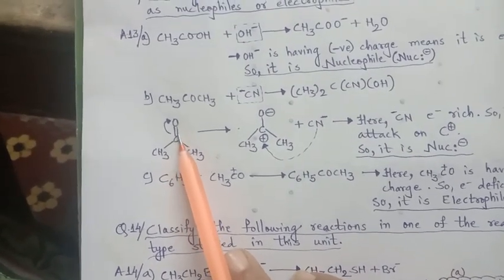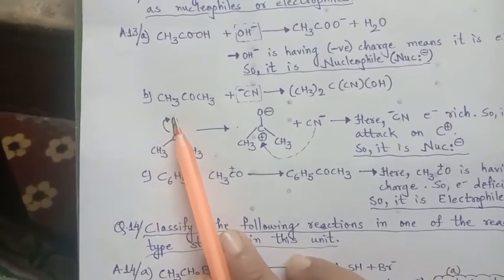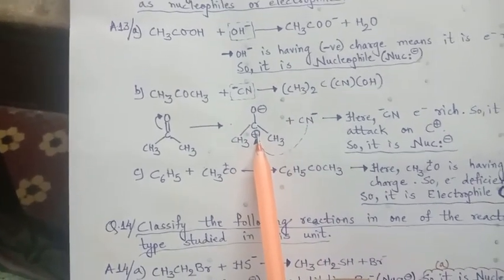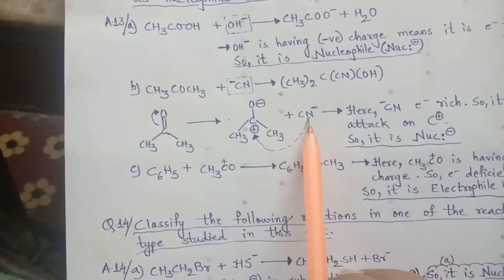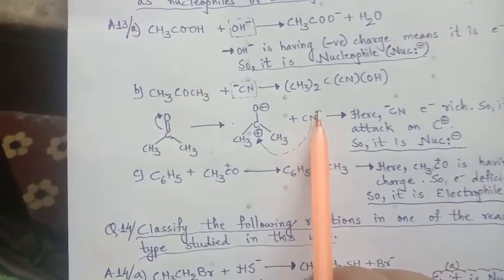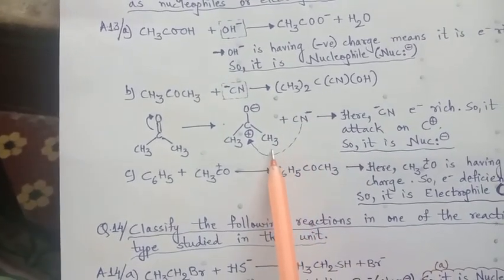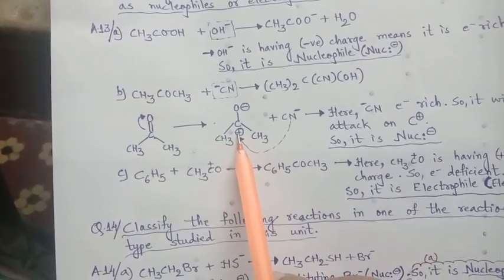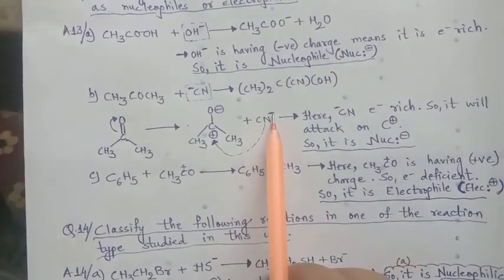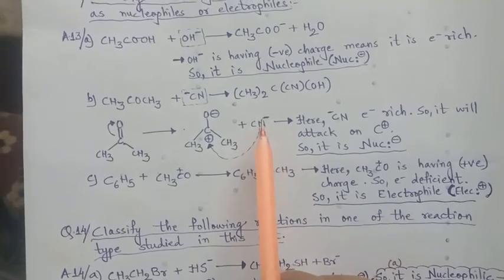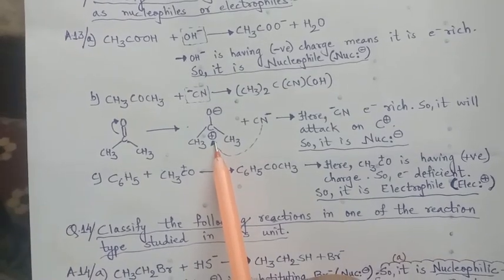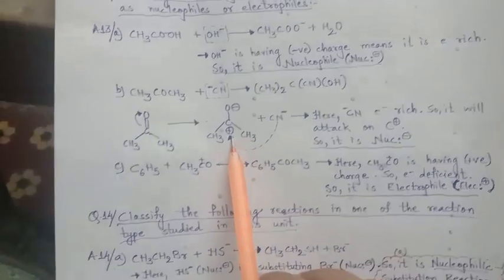This electron pair will be given to oxygen, so oxygen will acquire a negative charge and carbon will acquire a positive charge. Now when this carbocation is attacked by CN minus, then this minus is attacking this positive charge because it is electron deficient and this is electron rich, right?